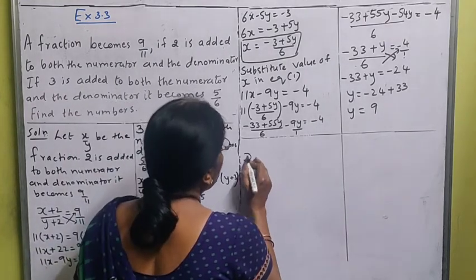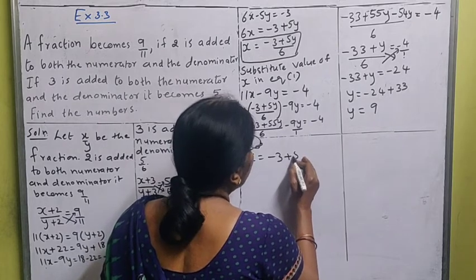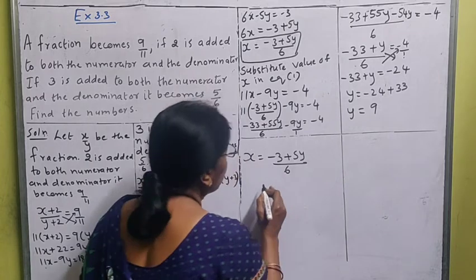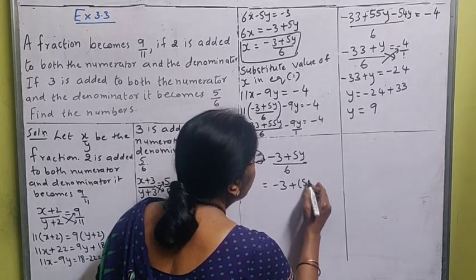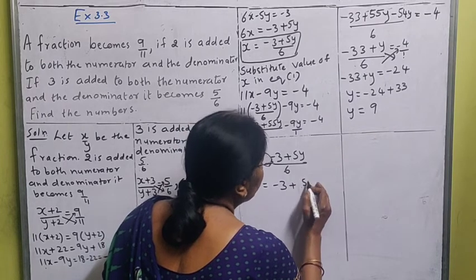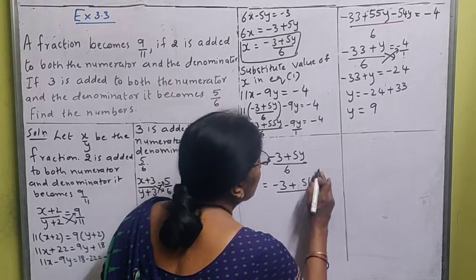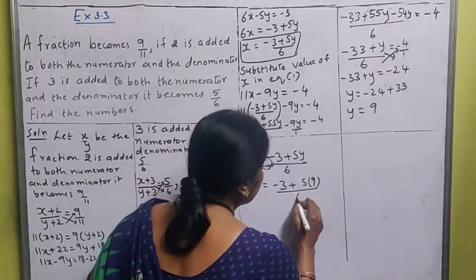So what shall I get? x is equal to (minus 3 plus 5y) whole divided by 6. So the 9 value: (minus 3 plus 5 into 9) whole divided by 6.